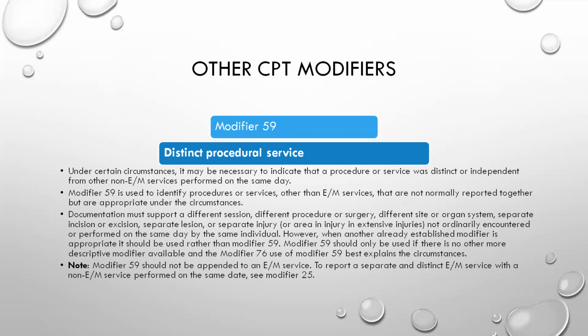So this was the other modifier that I mentioned earlier that I feel like is either overused or just simply misunderstood. I've seen so many denials for this modifier. This is for a distinct procedural service. This is when there is a column 1, column 2 code edit.